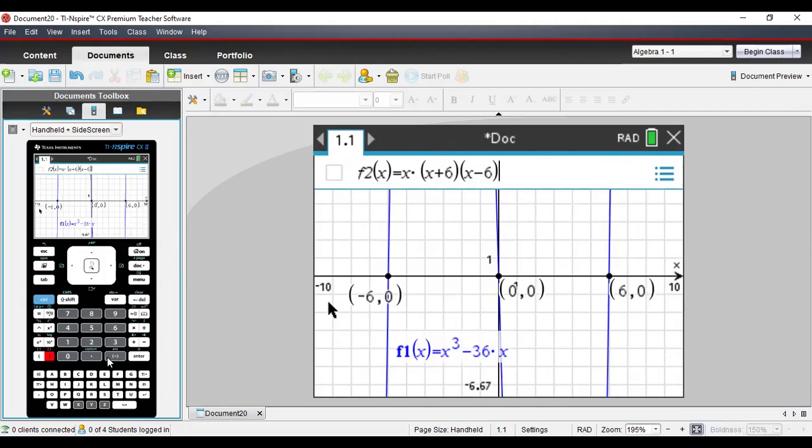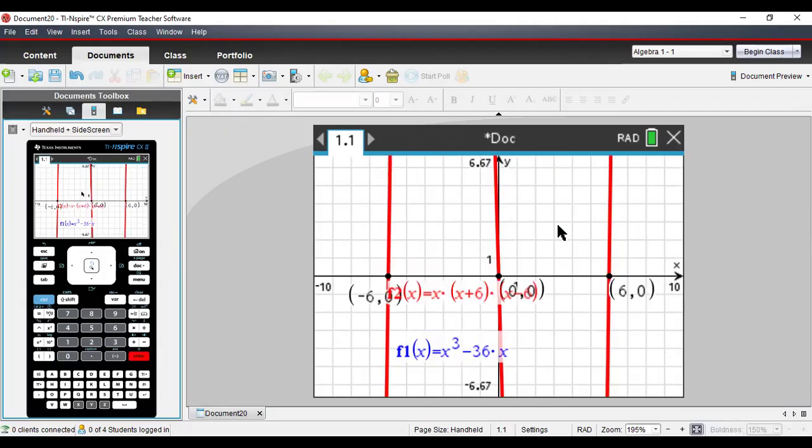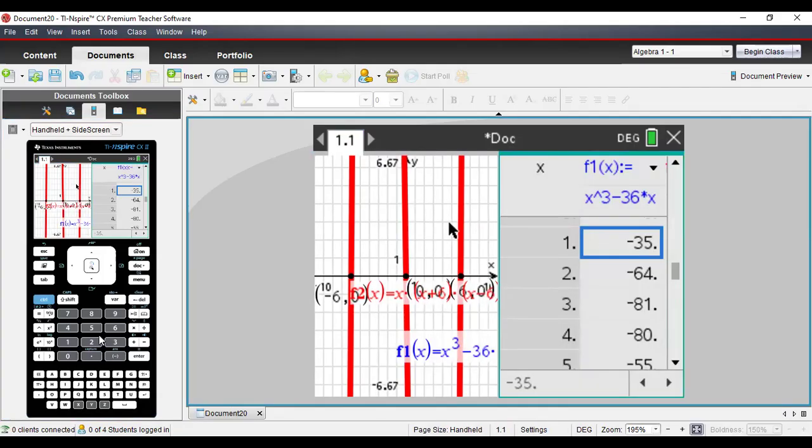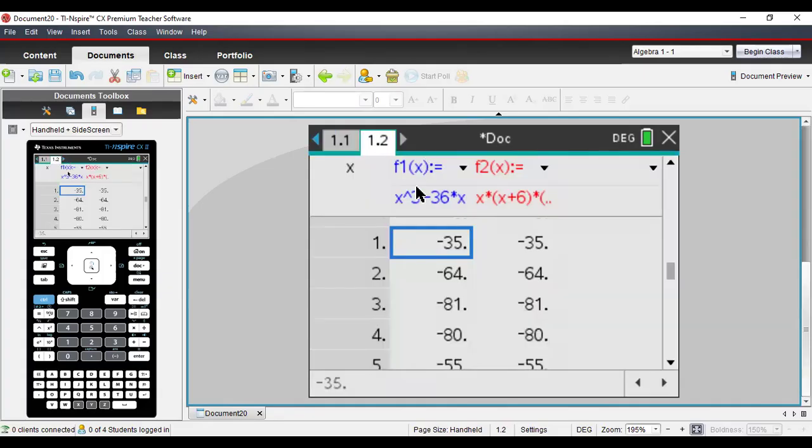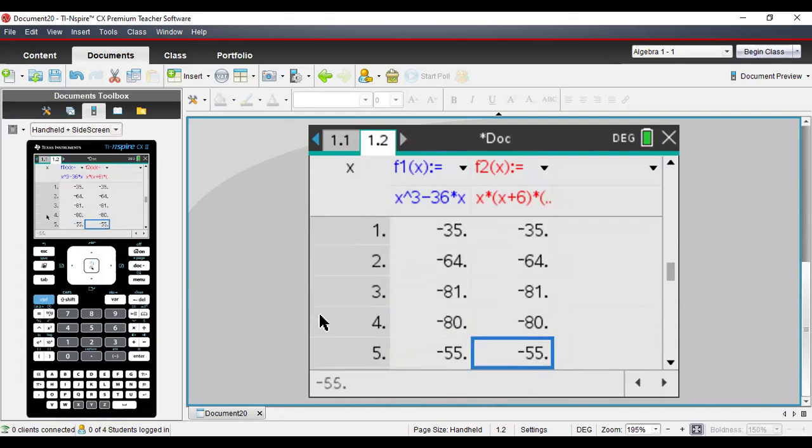Those are our factors. Press enter. Now, the one thing you should do is check the table, make sure that they match. So if you look at the outputs, you see that this is the original, here's the factor, the outputs match exactly. So you can feel confident about your factoring.